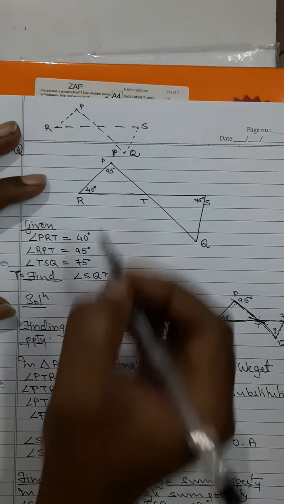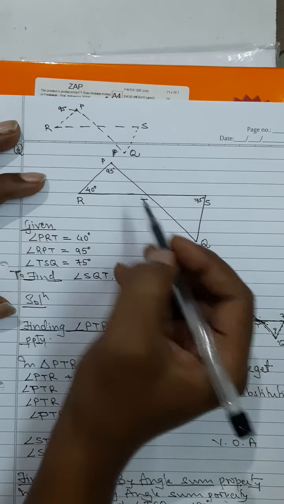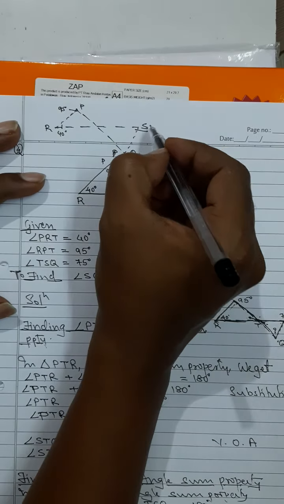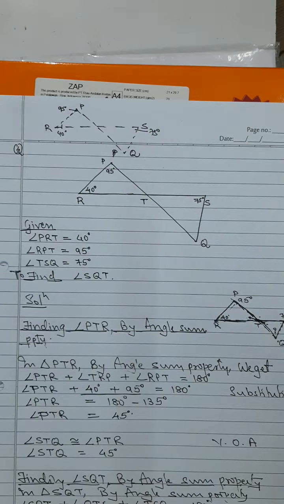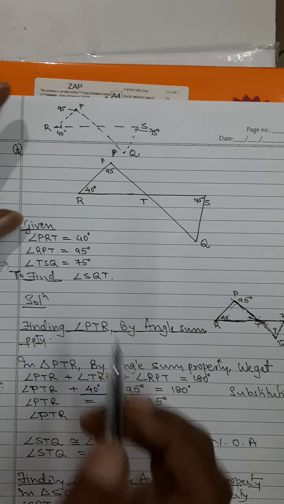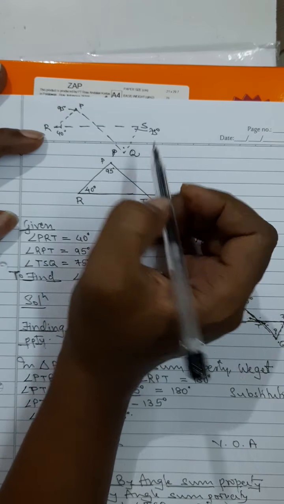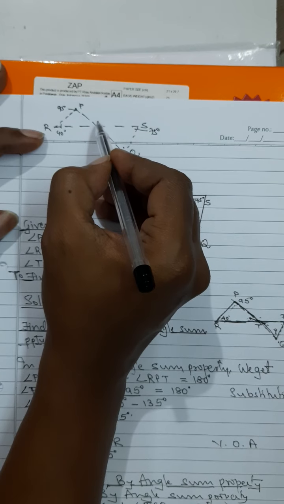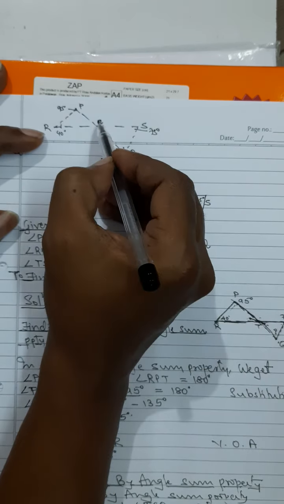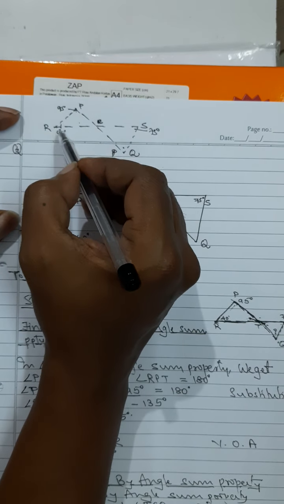See, this is given to us, this is 95 degrees, and also this is given to us, this is 75 degrees. Now this part I will try to do in short. We have to calculate this, right? If you consider this exterior angle, this is an exterior angle for this triangle, where the remote interior angles are these two.